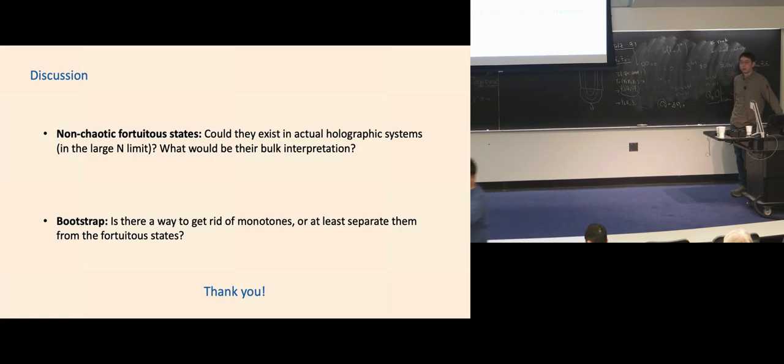Question, Joaquin? If you would do finite n, I don't know much about the matrix bootstrap, but is it useful to ask questions like what is the gap to the first excited state? Exactly. So that is another important target of this bootstrap program. In the large n bootstrap, you wouldn't be able to get the gap.